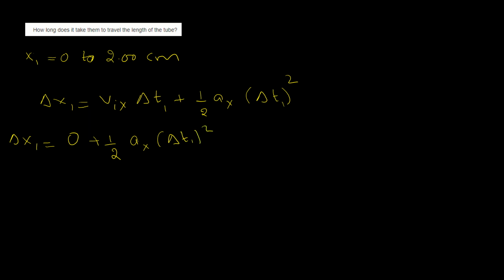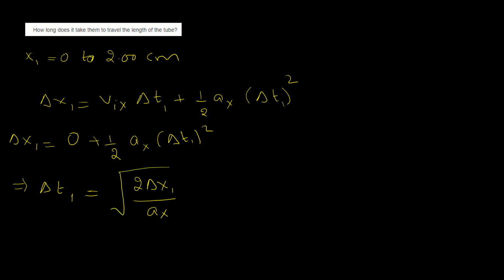From this equation, delta t1 equals the square root of 2 times delta x1 divided by a_x.